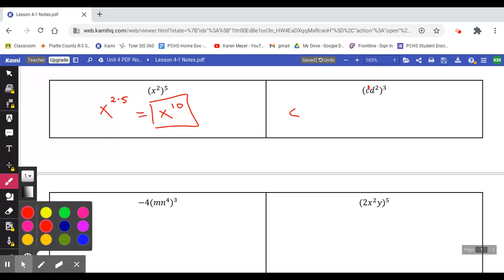So for c, you would take 1 times 3. So remember, power inside times power outside. And d, you would do 2 times 3. So that will give me the answer of c to the 3rd, d to the 6th.